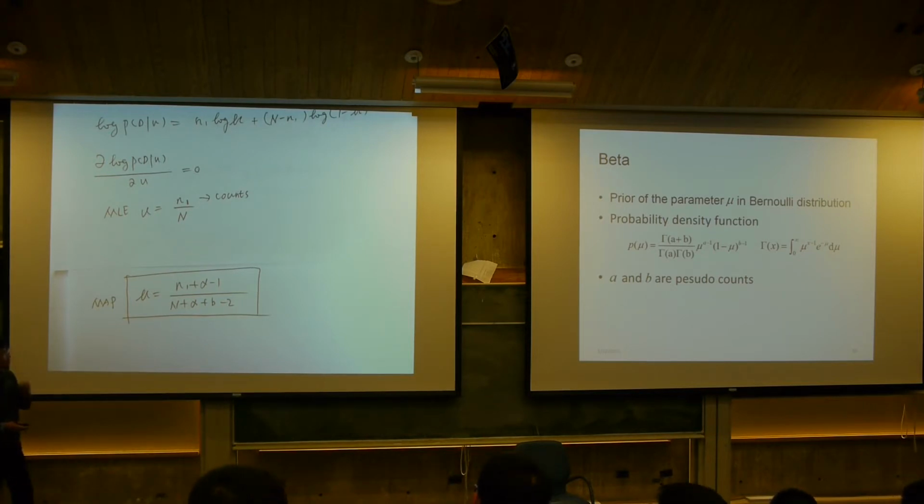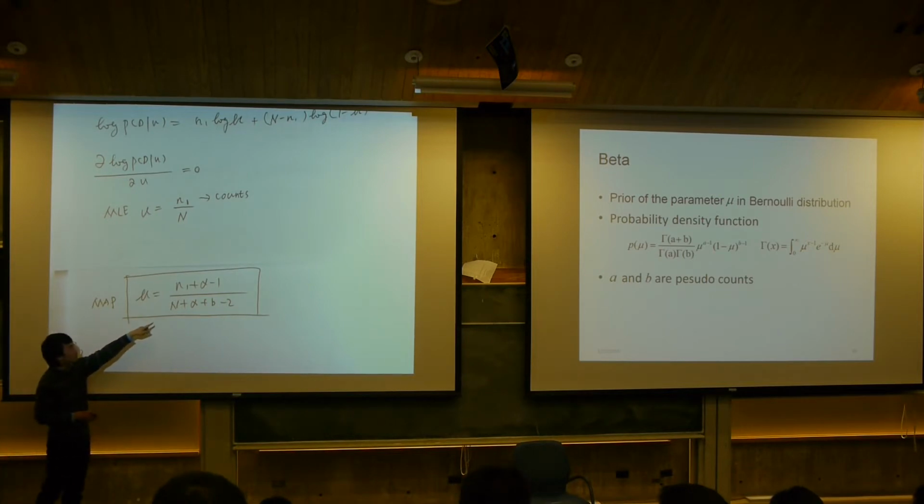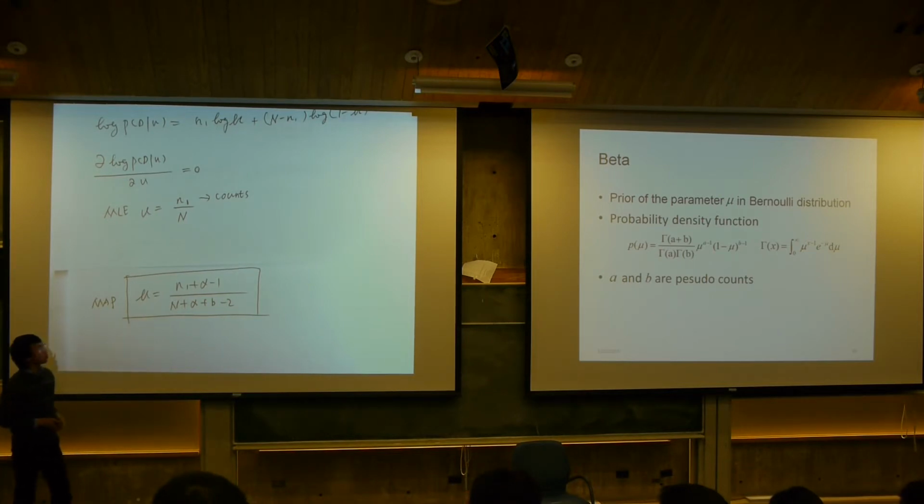Intuitively, remember that in that part we call N1 the counts. And here, A and B are not from the data, but from our prior knowledge. It's something like pseudo counts.